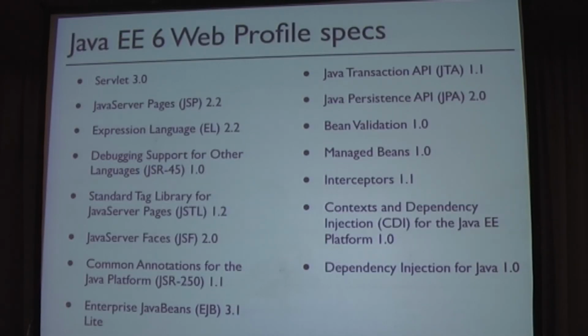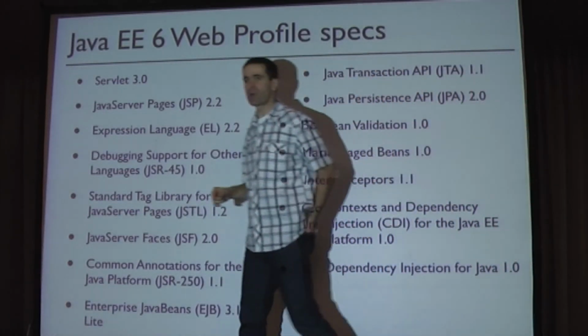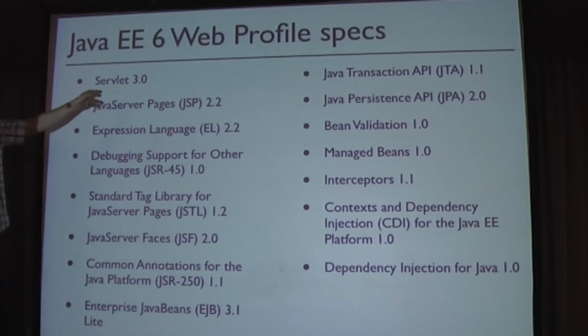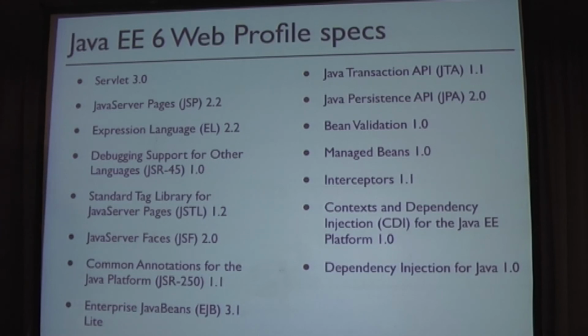Okay, so what are the specs that constitute Java EE 6 Web Profile? You know servlets, you know Java Server Pages, but there are quite a few other specifications that are very useful for your web apps that you probably included in your web apps to create them.